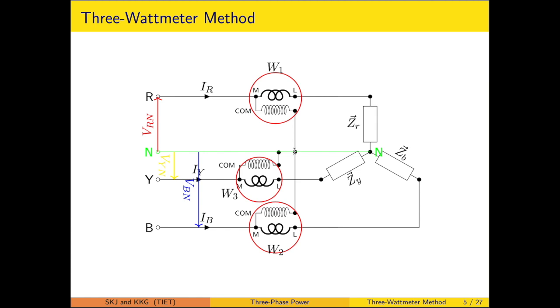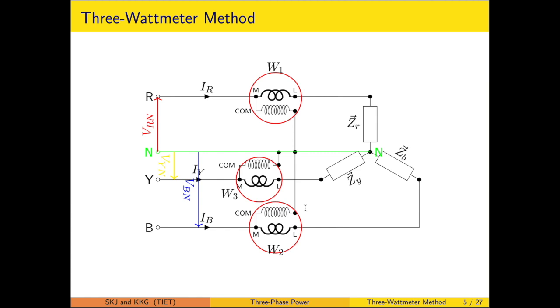So in the 3 watt meter method, all three currents IR, IY and IB are passed through the current coils of the 3 watt meters. The voltage or the pressure coil is connected between the phase and the neutral. So that is VRN, VYN and VBN, that particular will be the voltage.